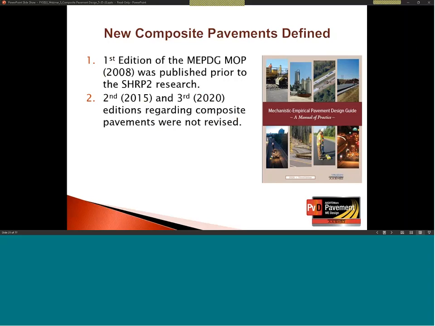Both of the recent editions regarding composite pavements were not revised. So the sections that I noted at the beginning of the presentation, sections 3.3 and 3.4, are basically the same and do not note a difference between semi-rigid and new composite pavements that we're going over. Wouter, go forward.